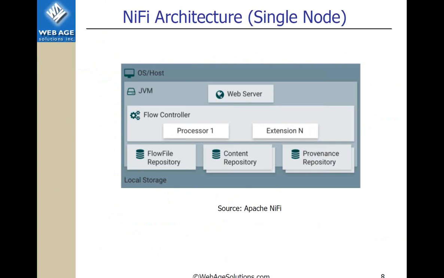It's kind of a queue. If the recipient of the flow file is not available, the content repository would keep the file around.